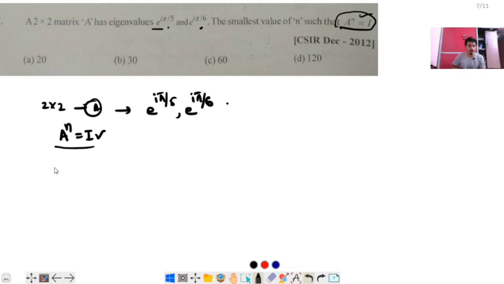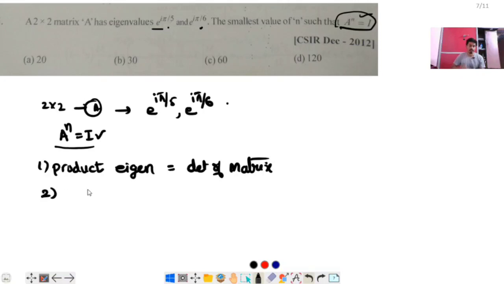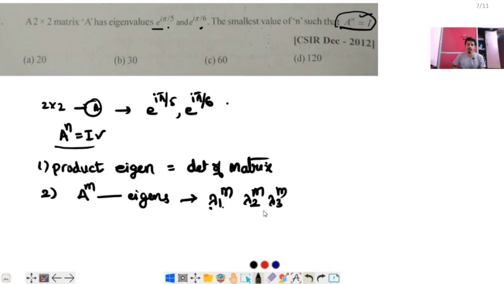Already you know the product of eigenvalues is equal to the det of that matrix. For example, let M be a matrix. Its eigenvalues are lambda 1, lambda 2, lambda 3, and so on. For M to the power k, the eigenvalues are lambda 1 to the power k, lambda 2 to the power k, lambda 3 to the power k, and so on. The point I am saying is that the product of eigenvalues is equal to the det of the matrix.